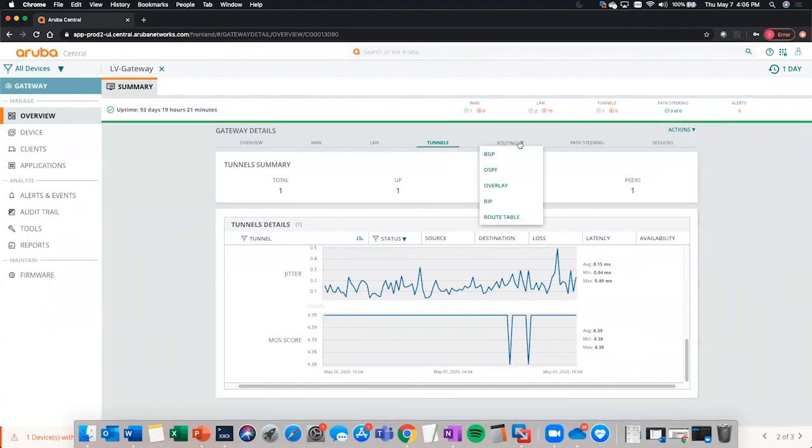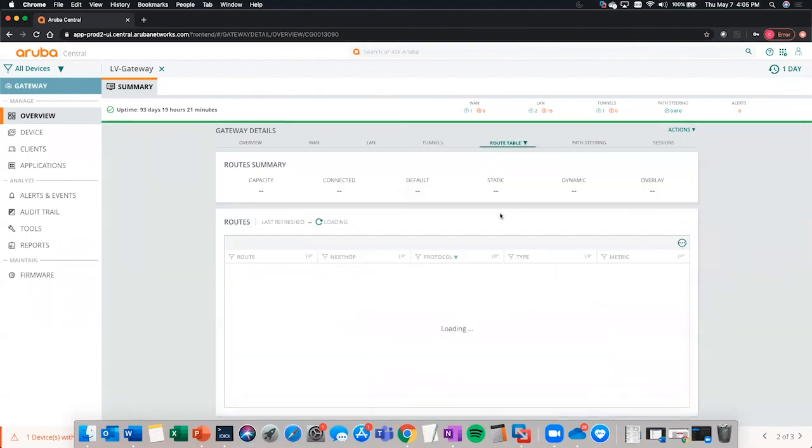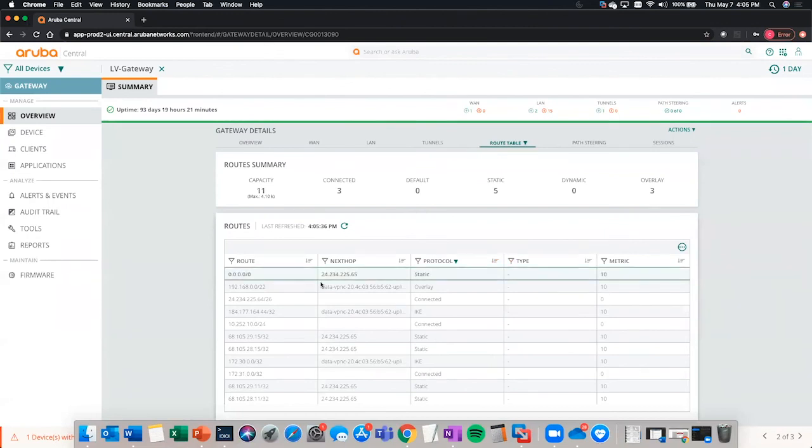So we can go here and we'll take a look at the routing. Again, this is a very simple network that we're going to be looking at. So we can look at the route table and we can see, so we're on the Las Vegas gateway. So the only network that lives out there is 10.250, or the connected network, which is right here, 10.252.10.0/24.